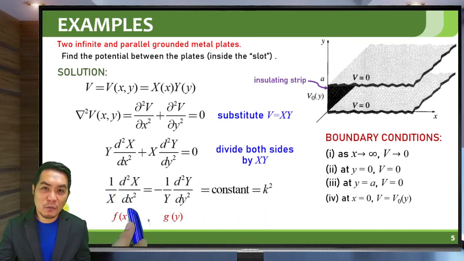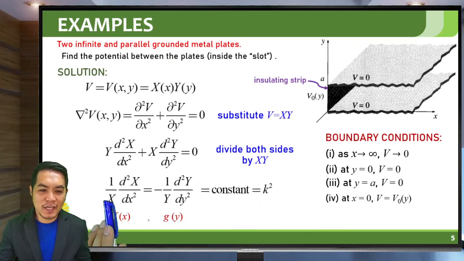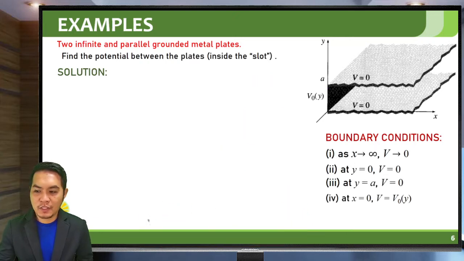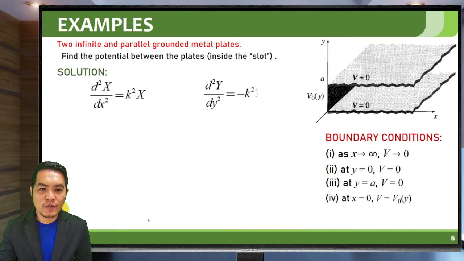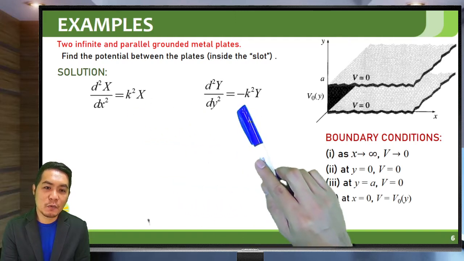So we will now have two differential equations, this one, which is equal to k squared. We just cross multiply X there to formalize our equation, and we will also cross multiply Y here. So we will now get these two differential equations: the differential equation for x and the differential equation for y.